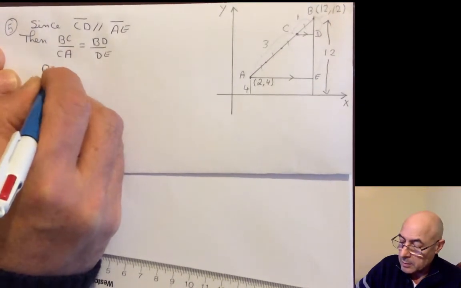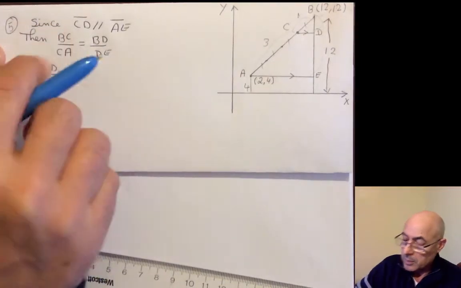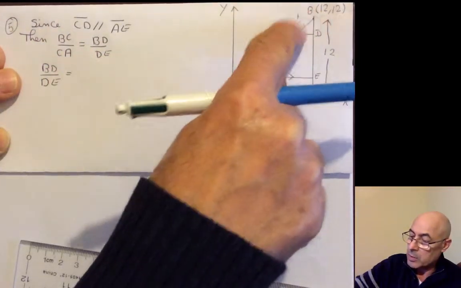So BD ratio DE equals BC ratio CA, which is 1:3.